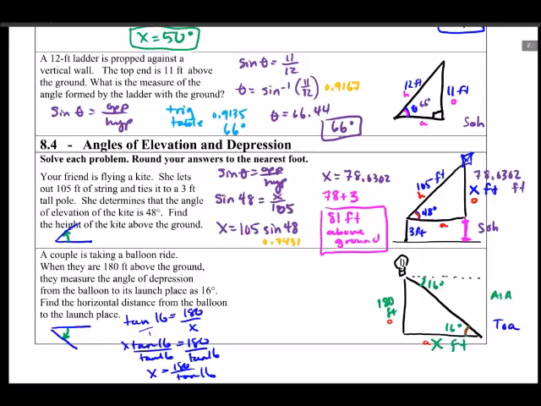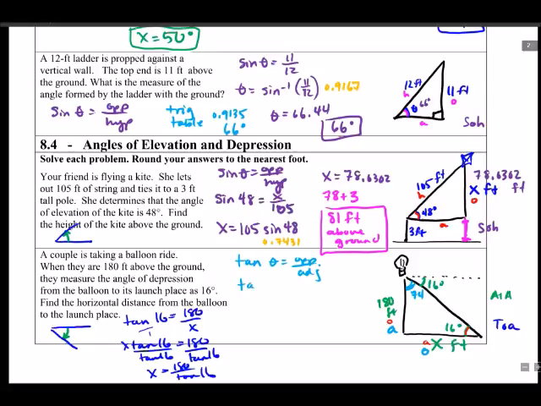Well, I don't like that. What I'm going to do is I'm going to measure this angle up here. What does it measure? 74. Then this becomes my opposite. This becomes my adjacent. I am still going to use tangent, but now tangent theta equals opposite over adjacent.